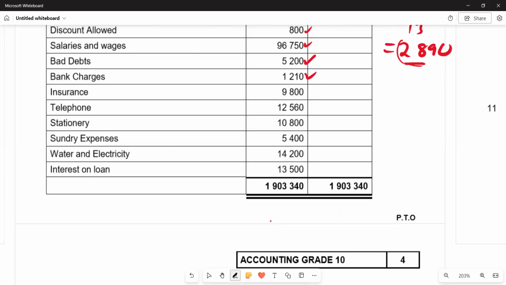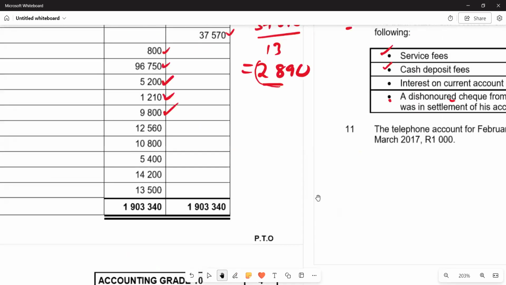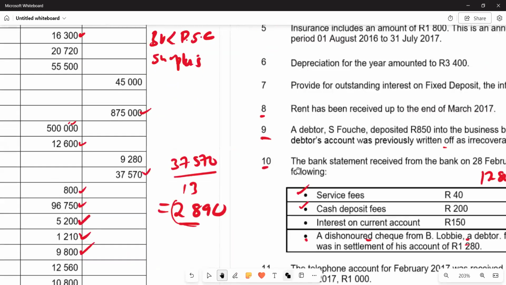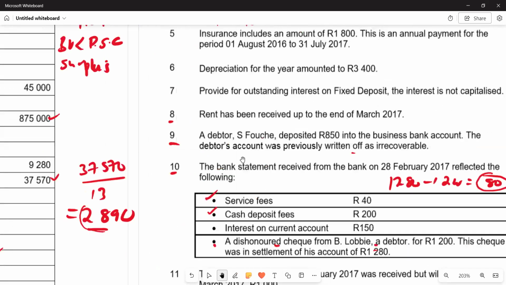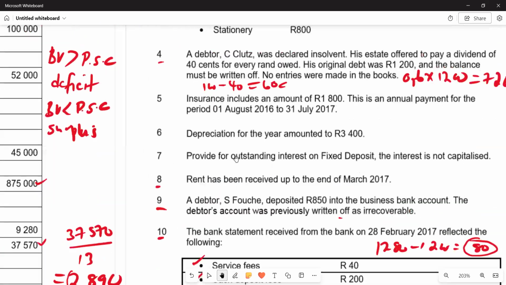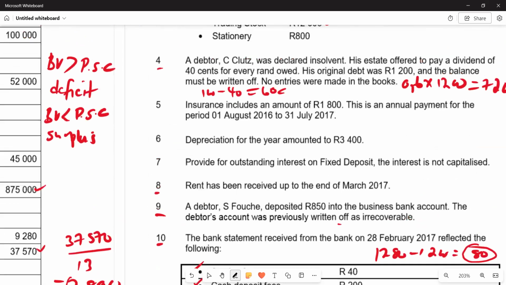The insurance figure, we have got 9,800. And then we check any additional information affecting insurance. Let's try to see. You see it at item 5. Insurance includes an amount of 1,800, and this is an annual payment for the period 1 August 2016 to 31 July 2017. So there is a prepayment there.